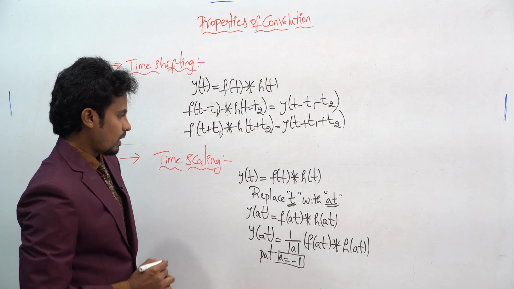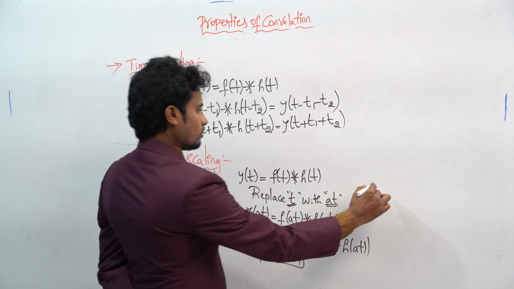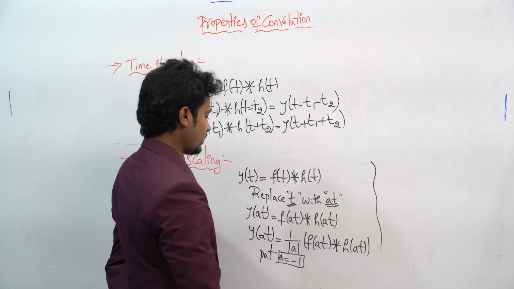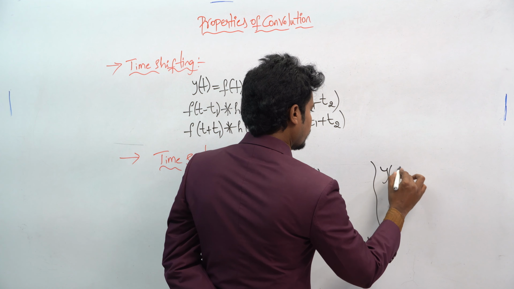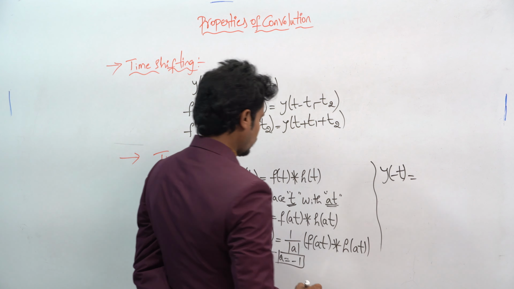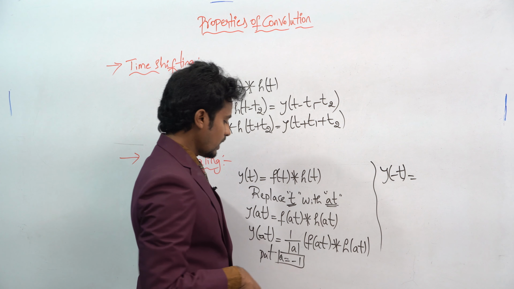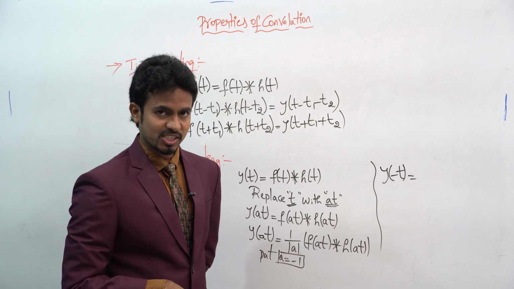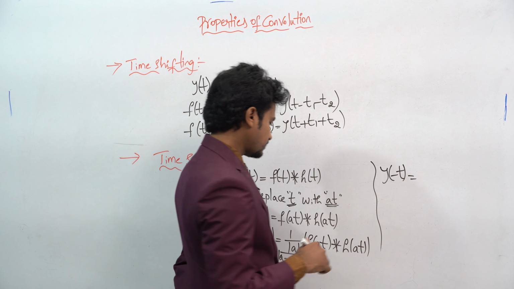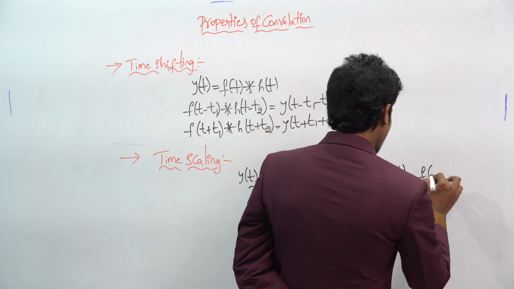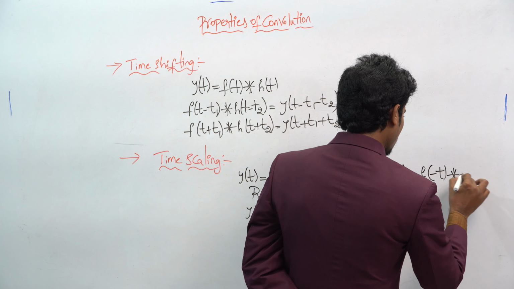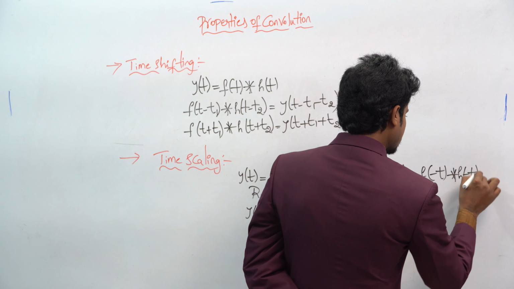If you put a is equal to minus 1, y of minus t will be equal to 1 divided by modulus of minus 1, that is plus 1, right? That will be f of minus t convolved with h of minus t.